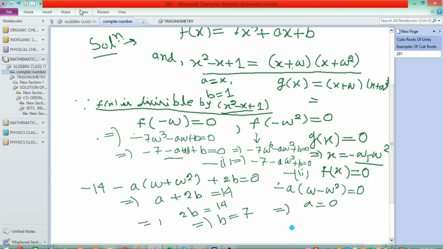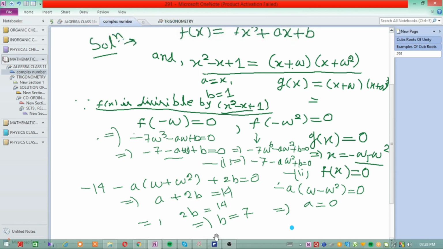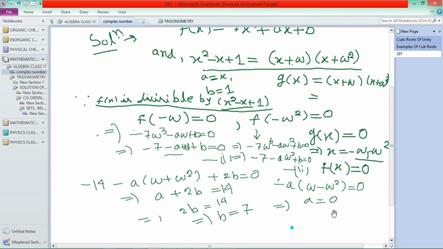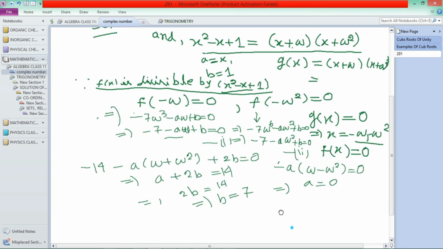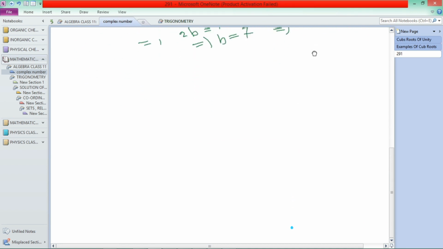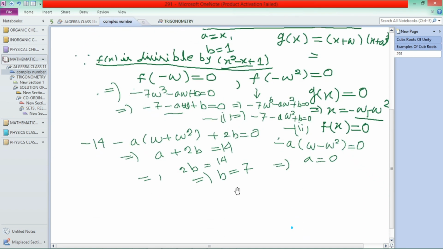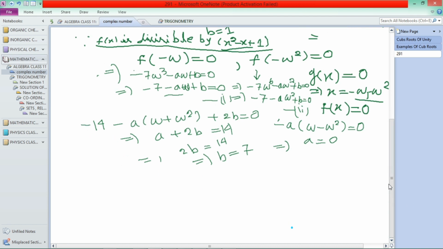So guys, the value of a is 0 and the value of b is 7.